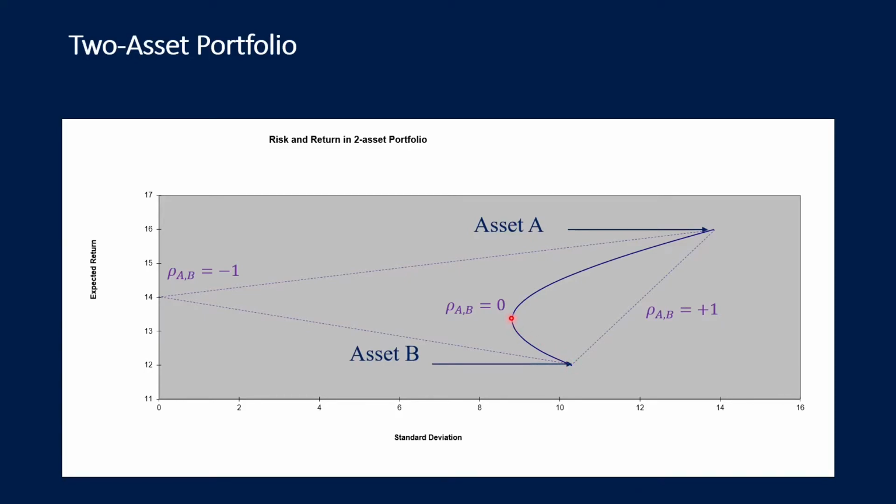Because it has a higher expected return and a lower risk than asset B. So there's no way not to choose this mixture in favor of B. That doesn't make any sense. I would always go into this mixture rather than putting my money into asset B.